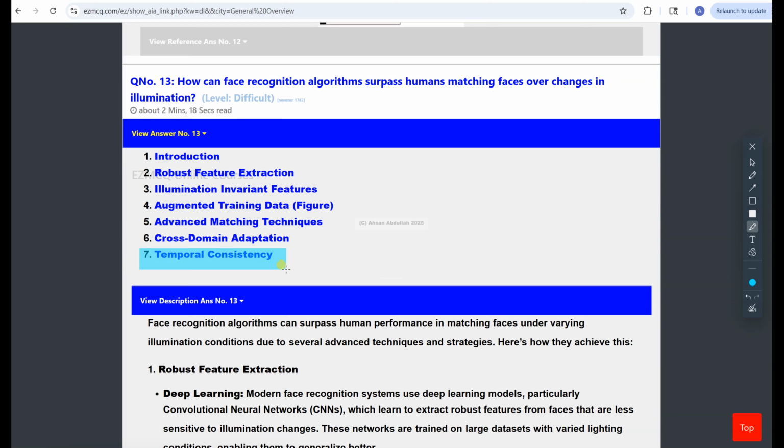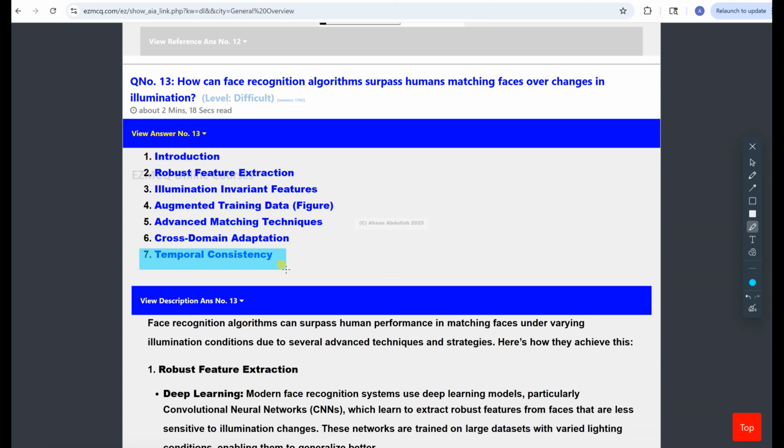So what is meant by temporal consistency? For example, consider the case of videos, where we have different images at different times, or a sequence of images, so that the effect of time is there. These reinforcement learning algorithms track the facial features over time. And what is the outcome?